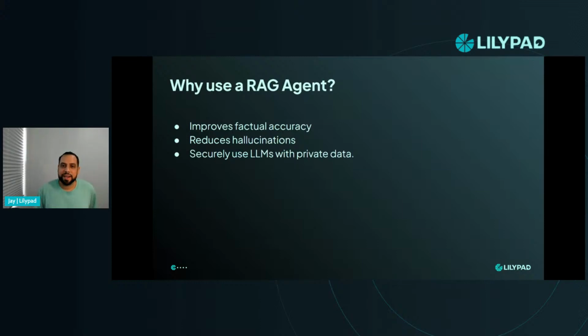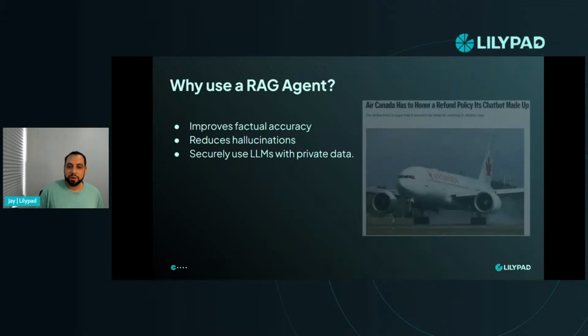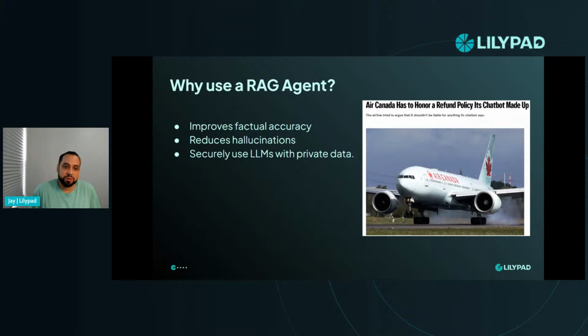So why use a RAG agent? I think it's important to highlight three features, and we've seen this go wrong when people use a general LLM instead of a RAG agent. A few examples have been in the news over the past couple of years. In one case, Air Canada's chatbot gave a potential customer a response when they were checking whether they could get a refund if things didn't go well.